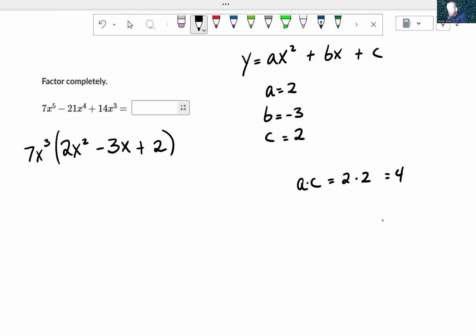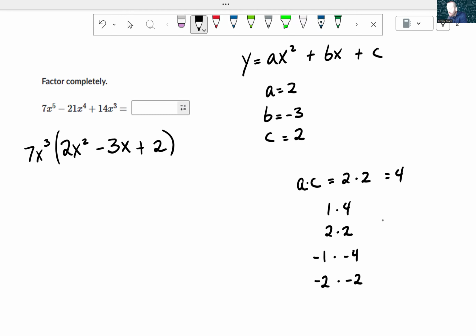Now we want to figure out all the ways we can multiply to get 4. And we're going to write a list. 1 times 4, 2 times 2, and also the negatives. -1 times -4, -2 times -2. And that's all the ways to get 4.